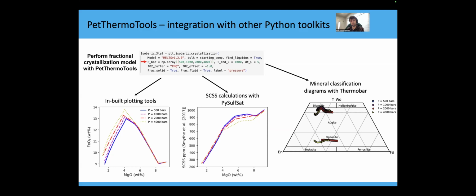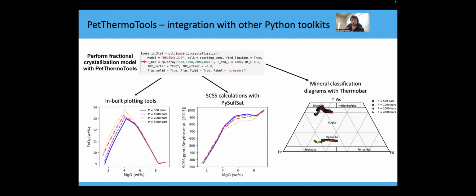So this is some of the motivation and reasoning behind continuing to develop this package: we're hoping it can provide a way for MELTS or thermodynamic calculations to just slot in with the rest of your Python workflow. If you're doing work in Python, you can just slot your MELTS calculations in, calculate your SCSS or whatever.